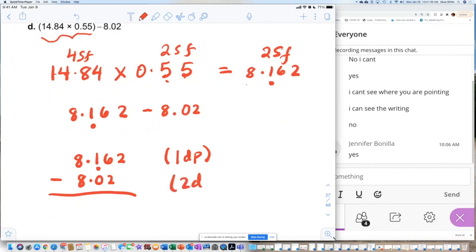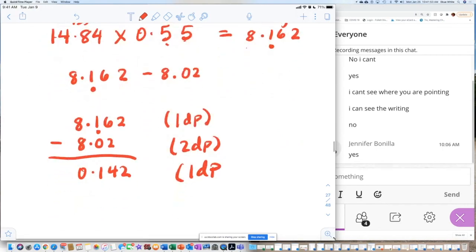This one here has 2 decimal places. So your final answer should have 1 decimal place, because this has to be rounded to this number here, 1 number of a decimal. Take the top number minus the second number, 8.02, you get 0.142. Subtract this, but remember, your final answer has to be rounded off to 1 decimal place, so you end up with 0.1.